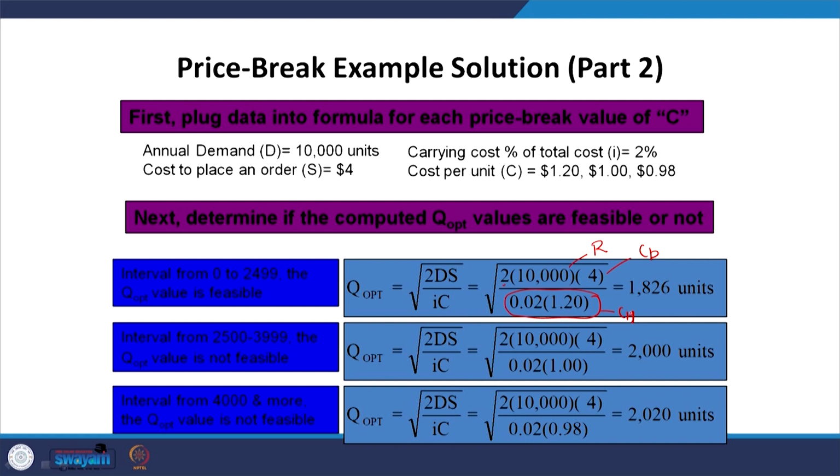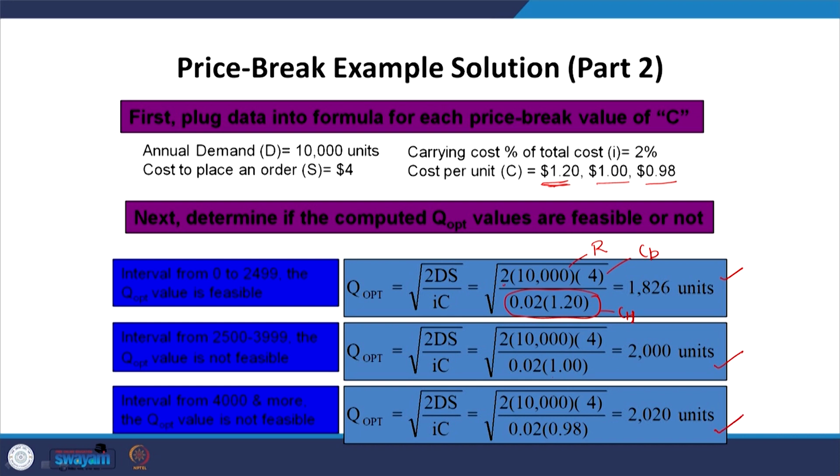So, first, your cost price is $1.20 and accordingly the EOQ comes to 1826 units. The second, price reduces to $1, the quantity coming is 2000 units, and the third is 98 cents and the quantity coming is 2020.